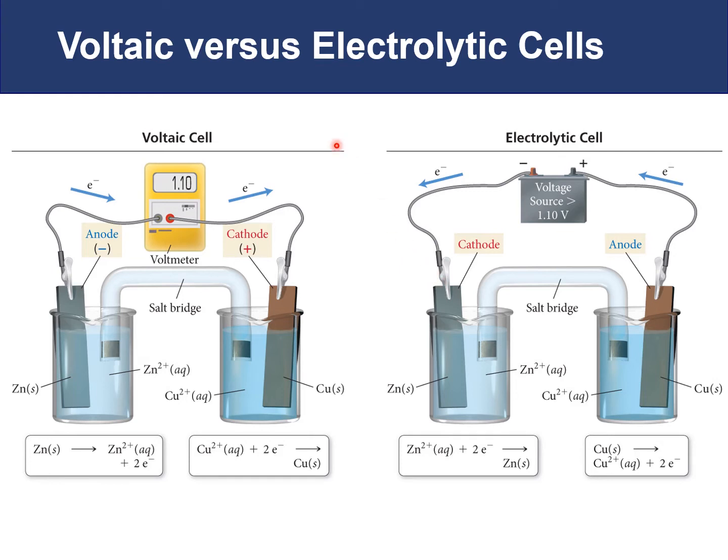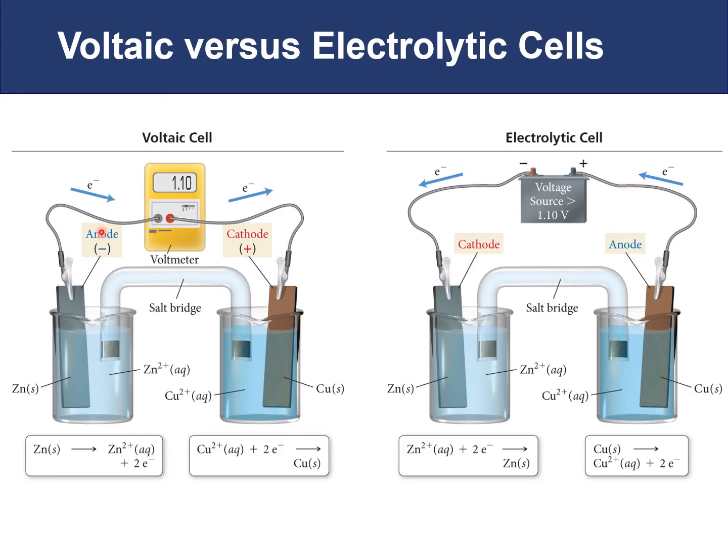So the difference between a voltaic and electrolytic cell, well, there's a couple differences. One is that a voltaic cell produces some useful electrical energy. An electrolytic cell requires some electrical energy to overcome the electromotive force of the regular reaction.